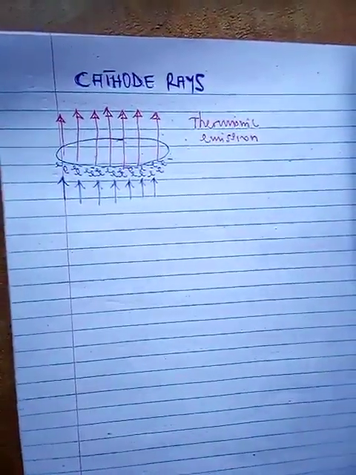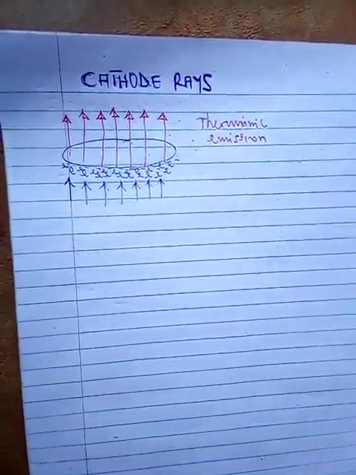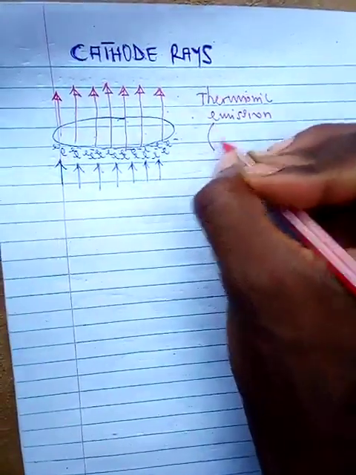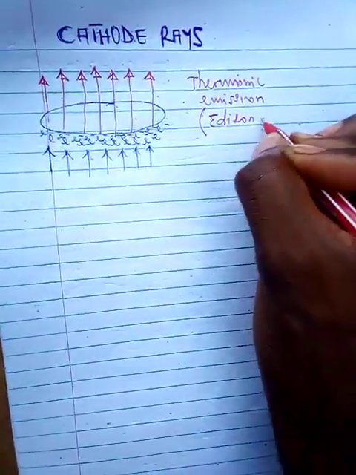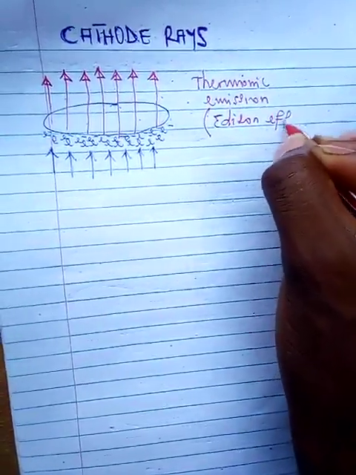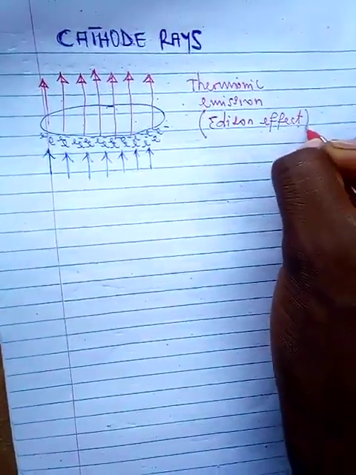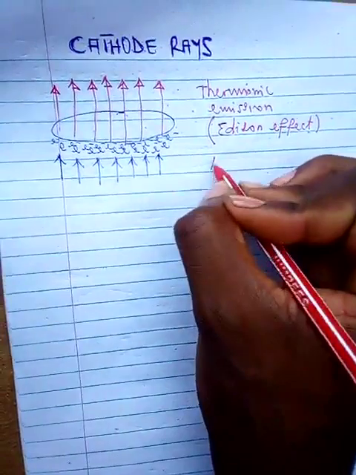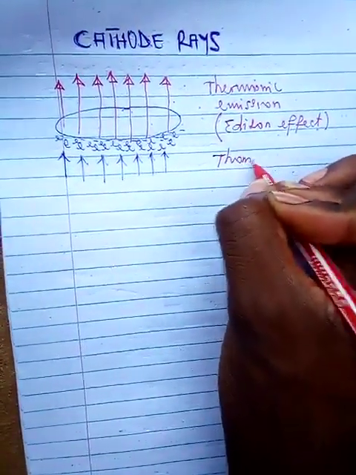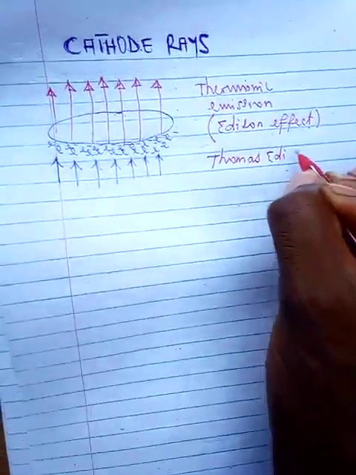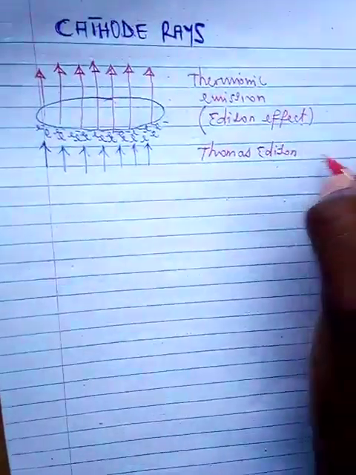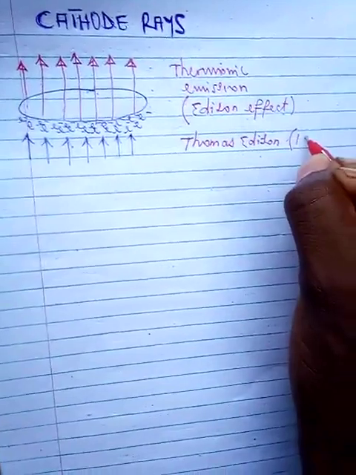The other name for thermionic emission is the Edison effect. It was brought about by a man by the name of Thomas Edison, and this was in 1883.